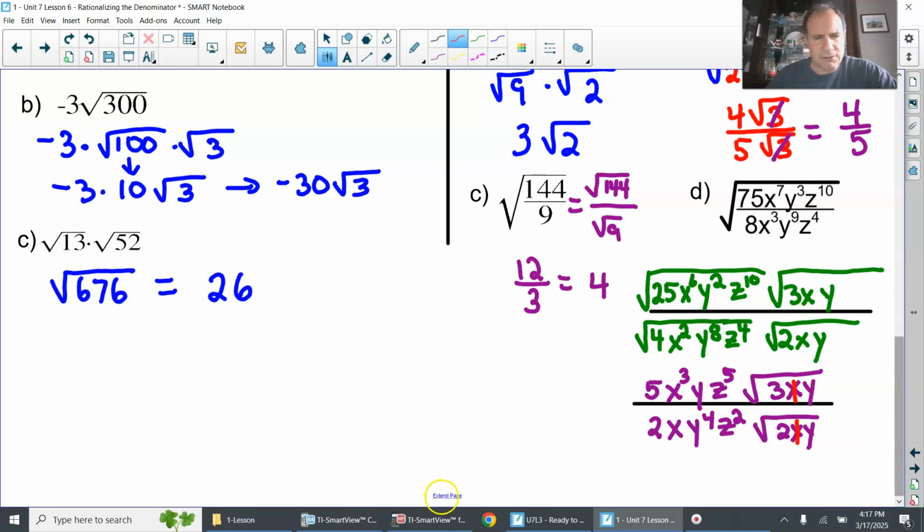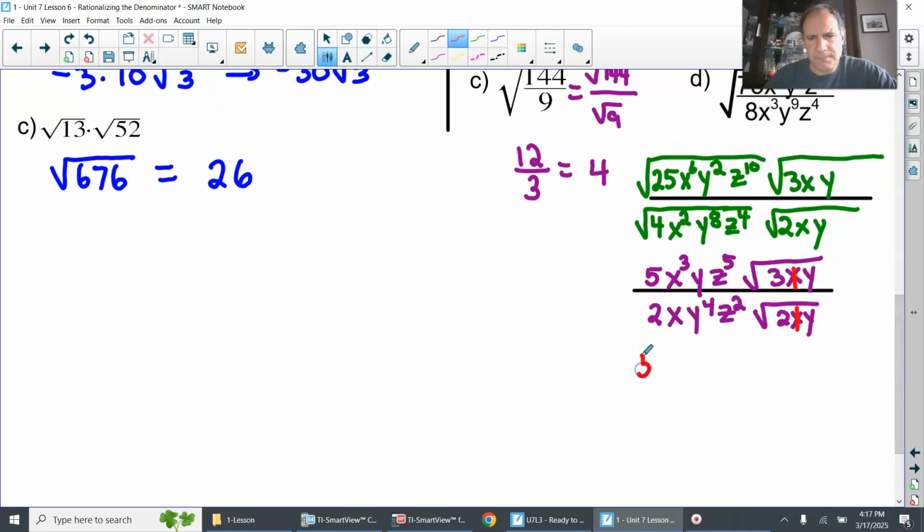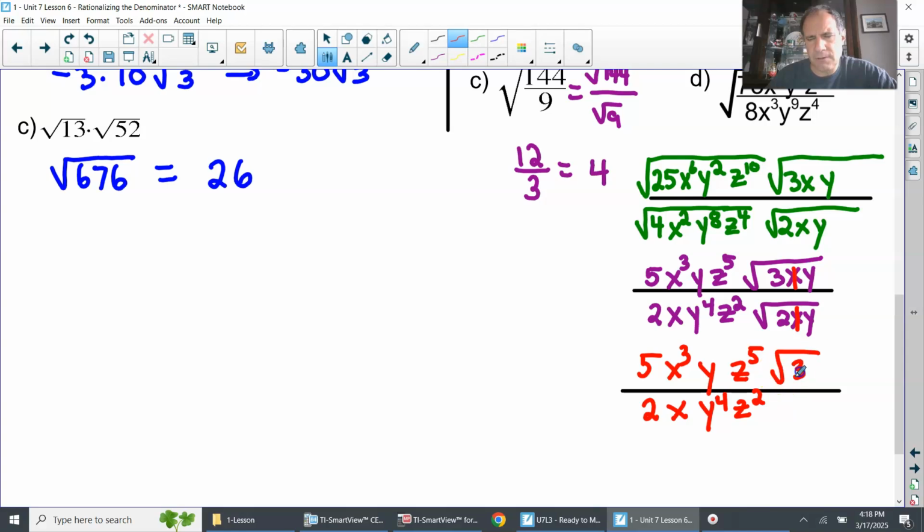So the final answer would be 5 over 2, x to the 3rd, y to the 4th, z to the 5th, z to the 2nd, and then square root 3y, square root 2y.